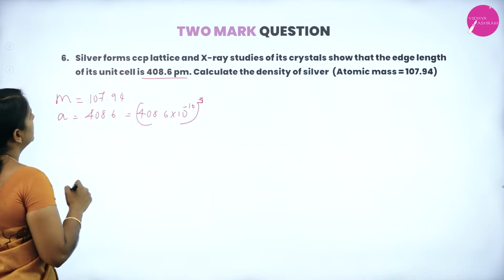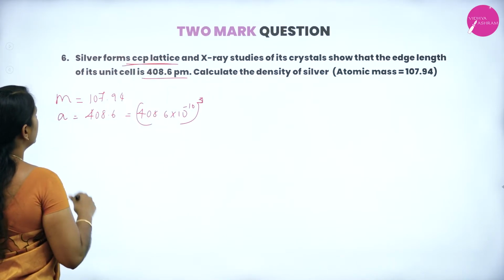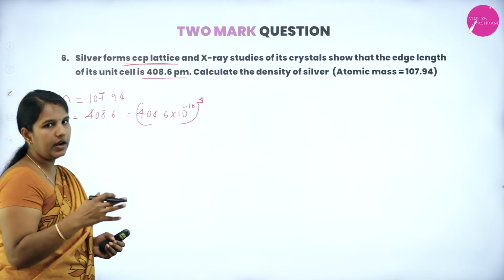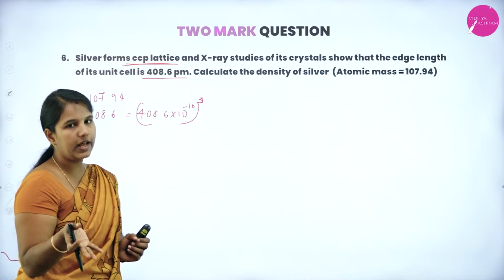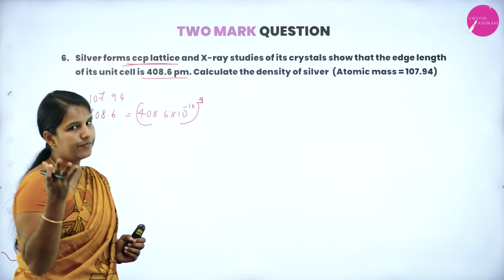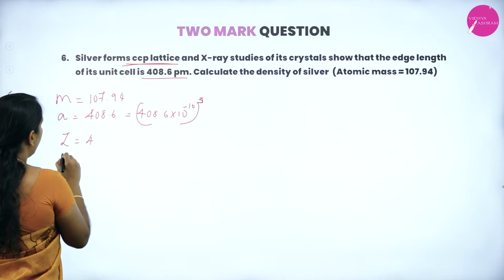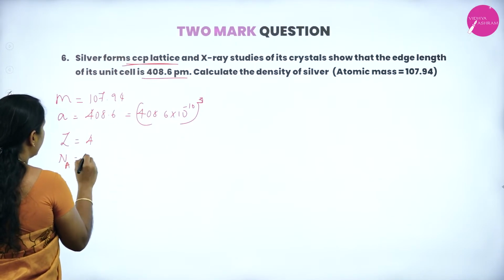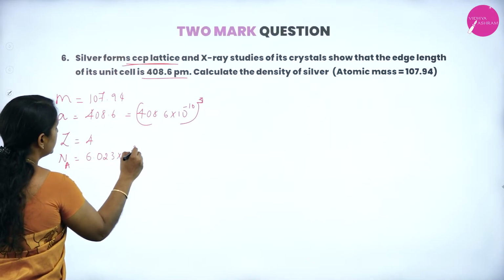Okay. Then, silver forms a CCP, they have said. CCP in the sense is nothing but a face-centered cubic unit cell only. We know that for the face-centered cubic unit cell, the number of particles is 4. So, I will write Z directly as 4, and the value of Na is 6.023 into 10 to the power of 23.